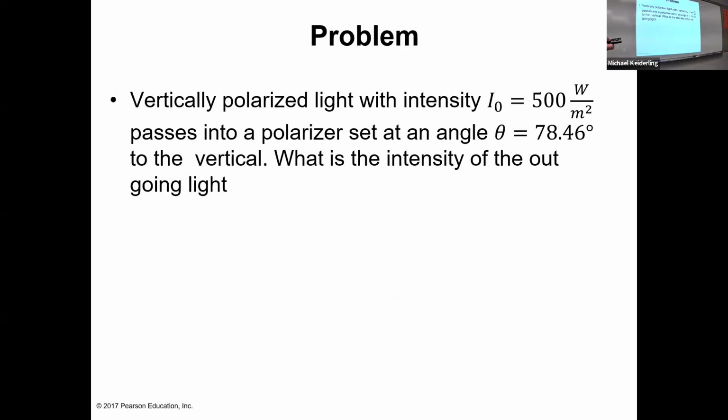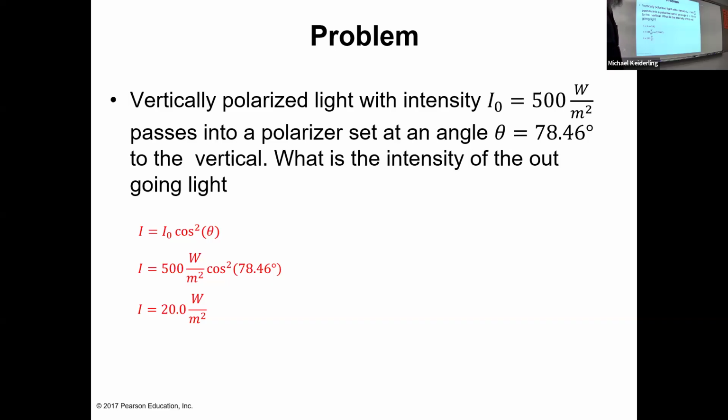So, vertically polarized light with an intensity of 500 watts per square meter passes into a polarizer set at an angle of 78.46 degrees to the vertical. What is the intensity of the outgoing light? So for this, the intensity of the outgoing light is incoming intensity times the cosine of the angle squared. So 500 watts per meter squared times cosine of 78.46 degrees squared.